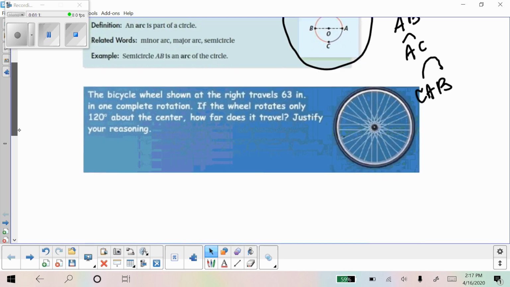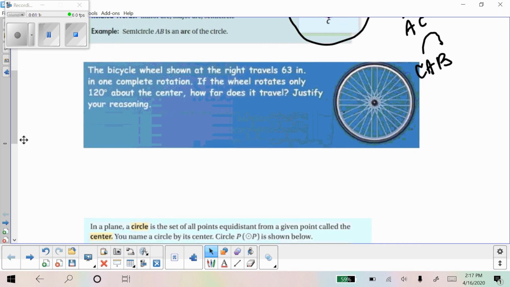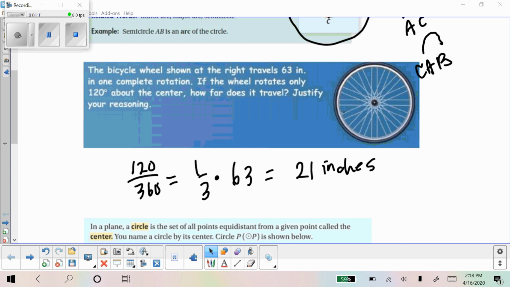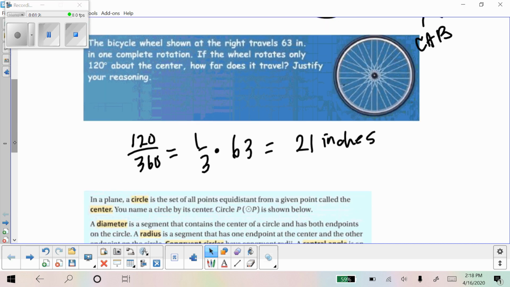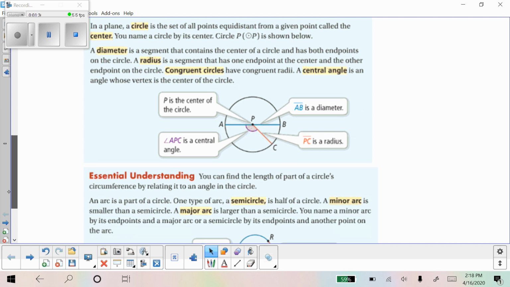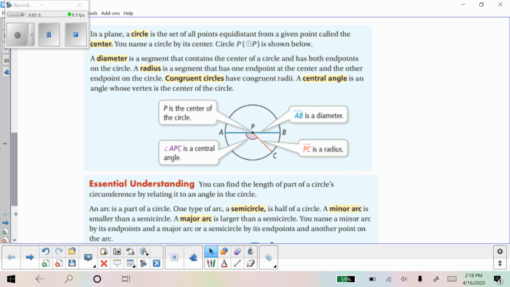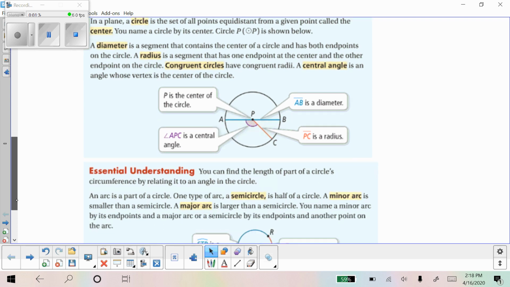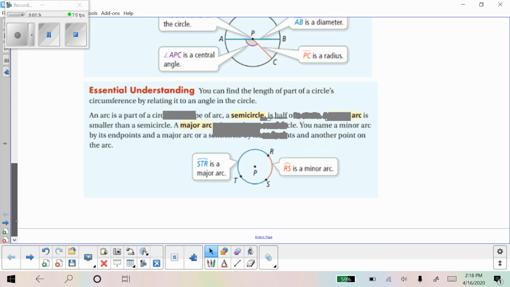So go ahead and do this first problem so you can figure it out, and you can check back for my work on that. If it travels 120 degrees, it will travel 21 inches, 1/3 of the total. You should read through this and check it out. I sort of explained the part about the different types of arcs already, but take a moment and do that.